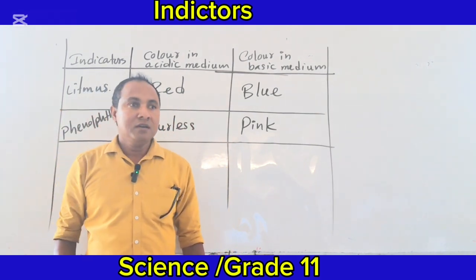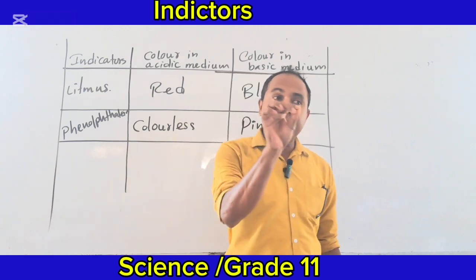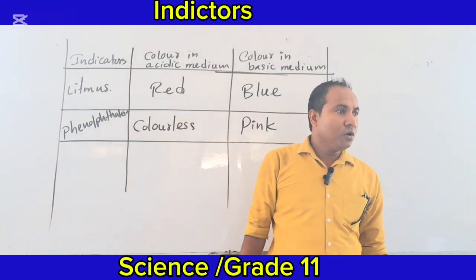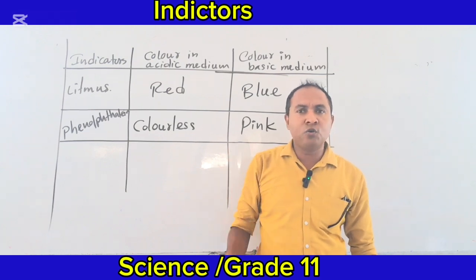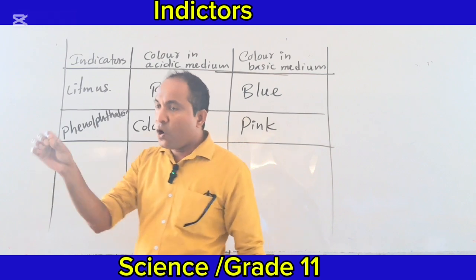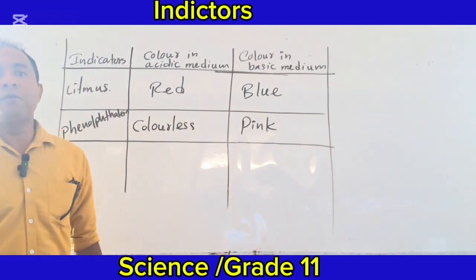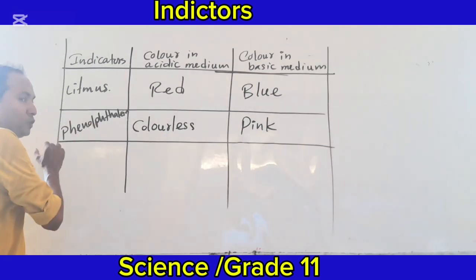I explained how to make the phenolphthalein solution: by dissolving some phenolphthalein in alcohol, because phenolphthalein is not soluble in water.